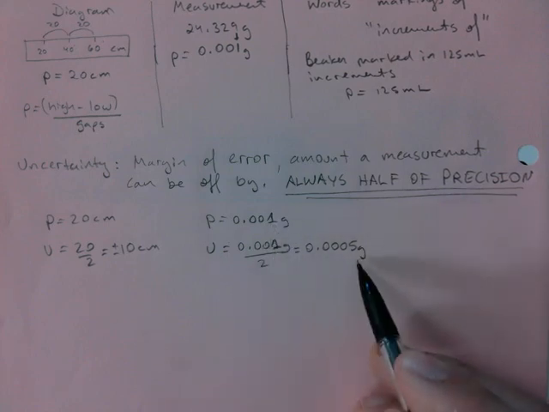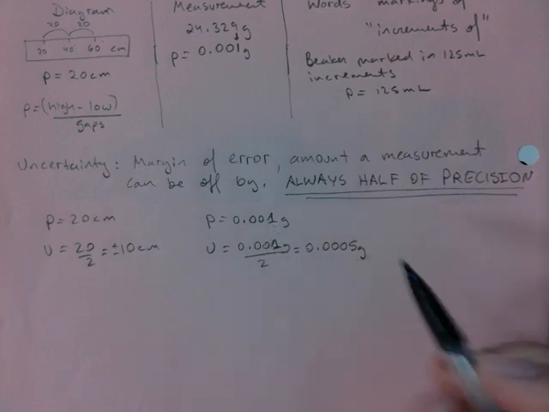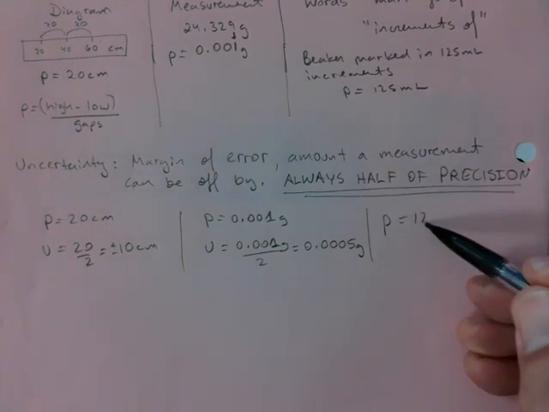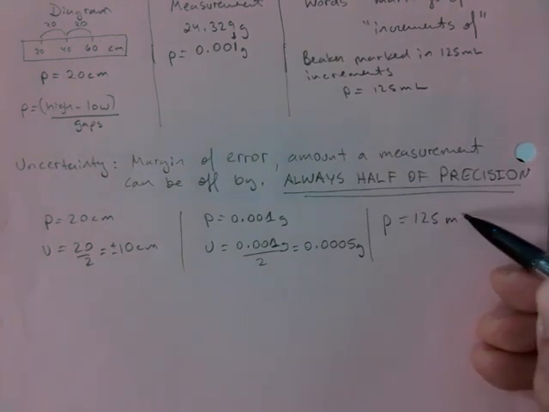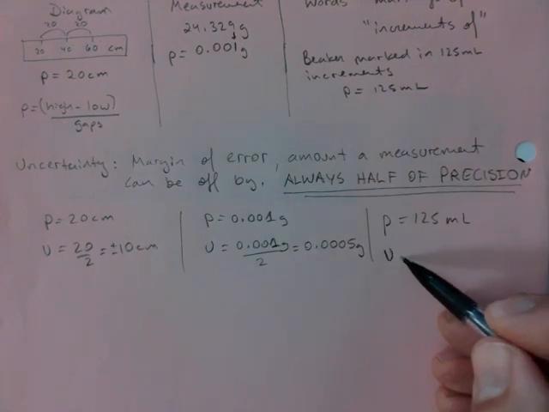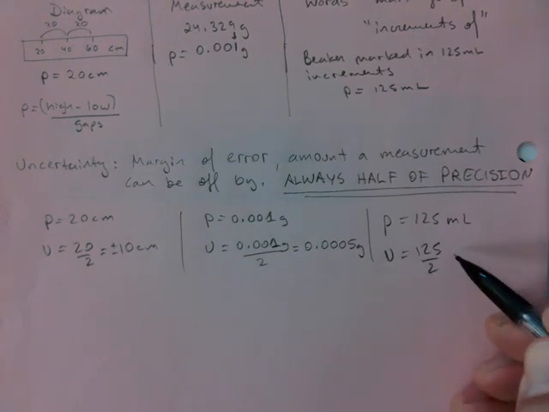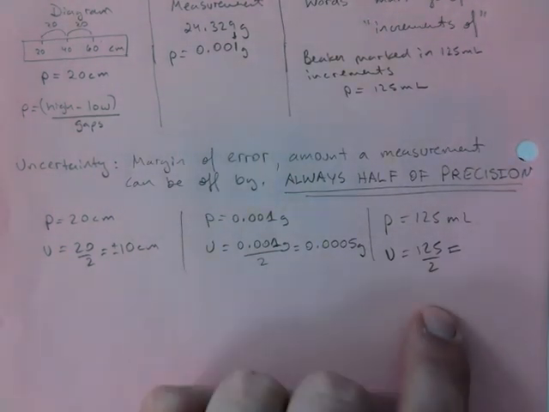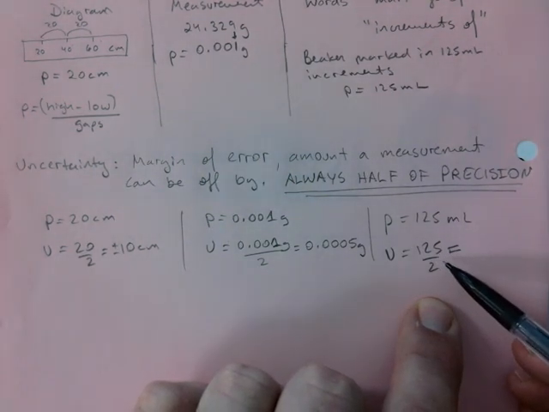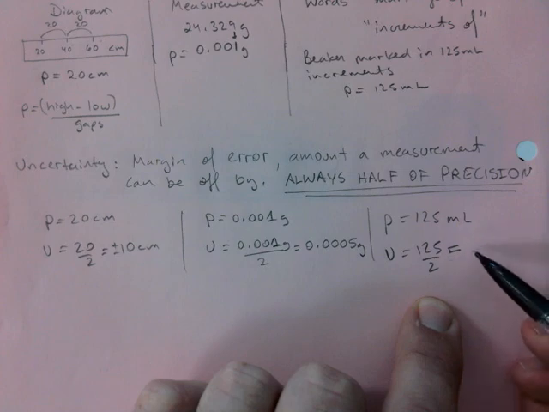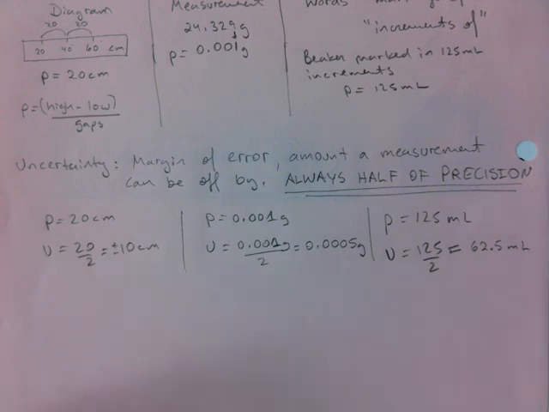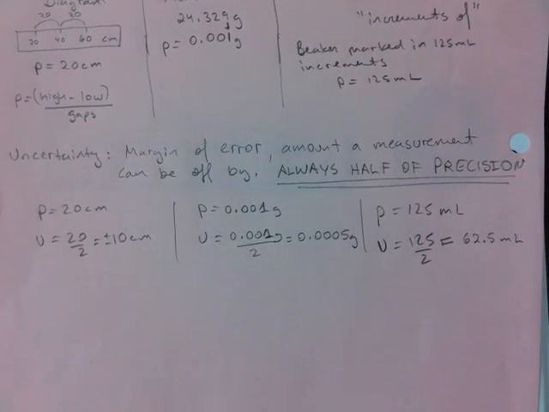So you split that in half, you get that as your uncertainty. If your precision is 125 mLs, then your uncertainty would be 125 divided by 2. Half of 120 would be 60, so that'd be 62.5.